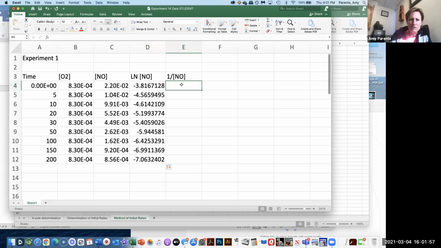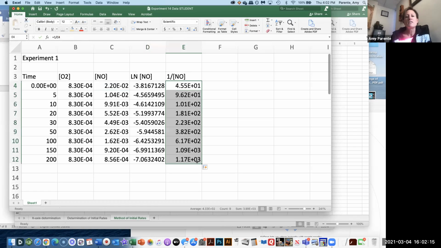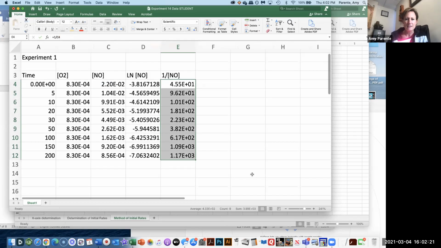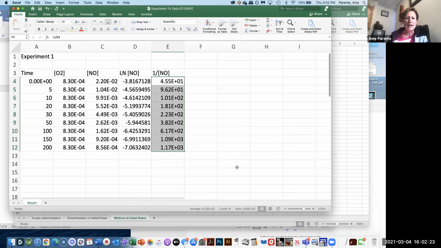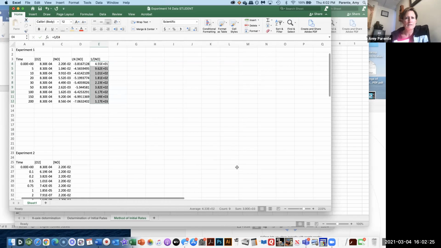I'm going to say equals 1 over, and now I have to make sure I come over to this column. Don't go to the column next door. I want it to be over the NO concentration. So I'm going to select that, I'm going to say return, and then I'm going to copy that down. Okay, so I'll give you a minute to populate those 2 columns so we have all of our data. And then we're going to move on and make our 3 plots.